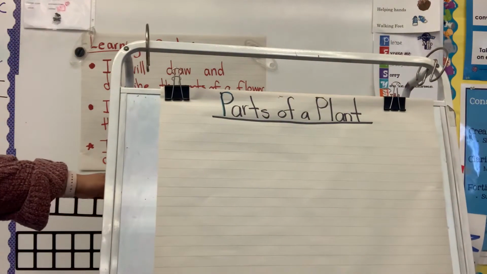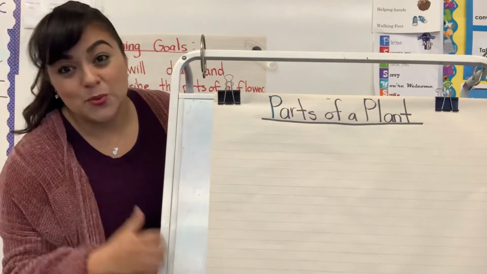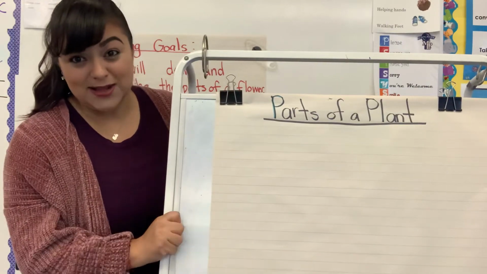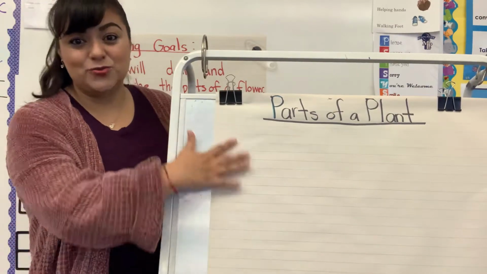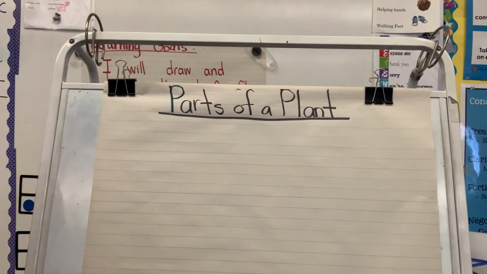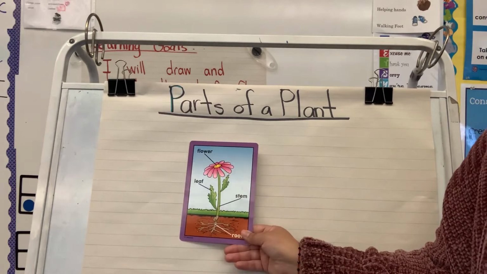So first, make sure you get yourself a pencil, some crayons, and a paper because we're going to draw the flower together. We're going to draw the parts of the flower. Okay, so you can pause the video and go get crayons and a pencil because we're going to draw a flower today.